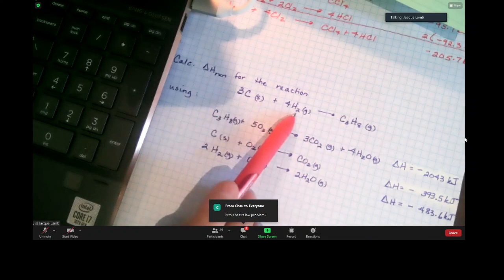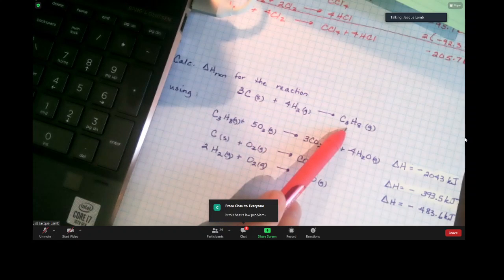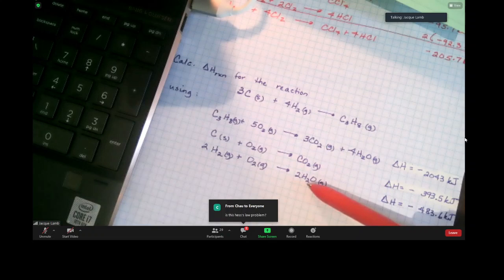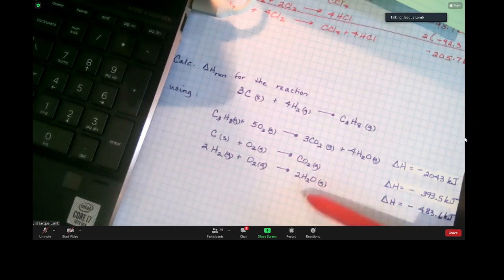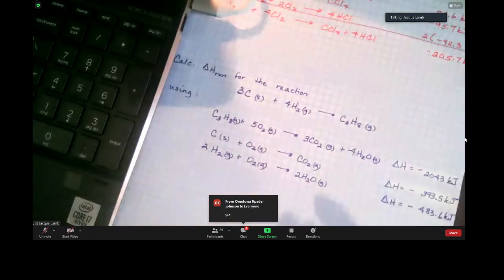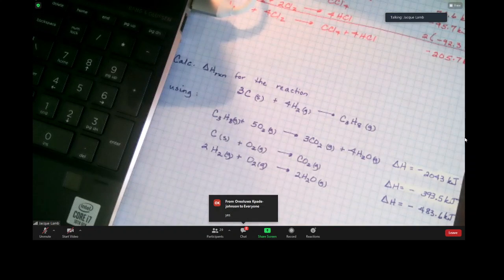So 3 carbons plus 4 hydrogens forming 1 mole of propane. And you need to use these 3 equations to do it. And those are the associated delta H's. Figure out how you're going to do that to end up with that reaction. I'm going to let you guys do it.